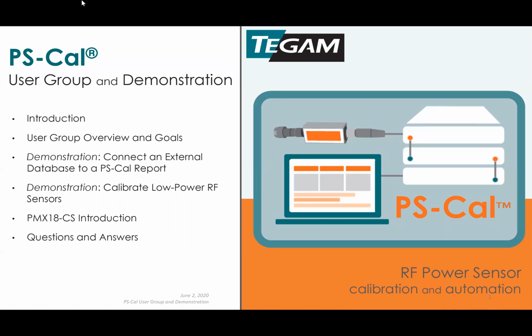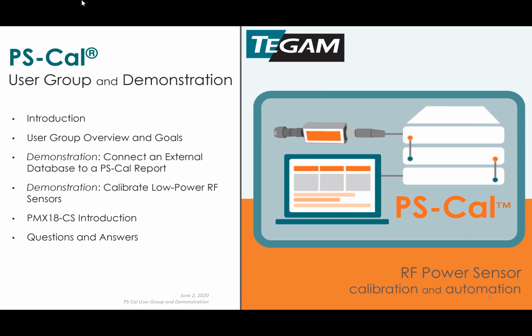So we'll walk through a very simple use case on connecting external databases. And what I hope is that that'll be a launch pad for further integration. And I'm interested to see what you all may come up with out there in the field. And then that one will take a few minutes.